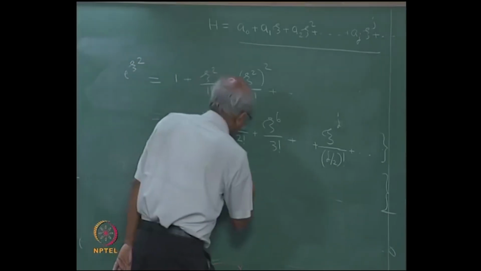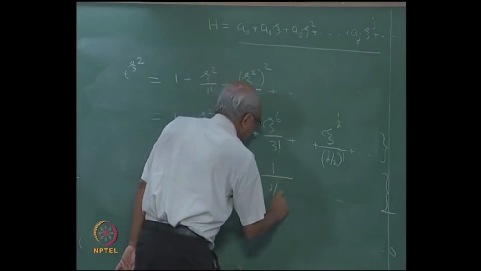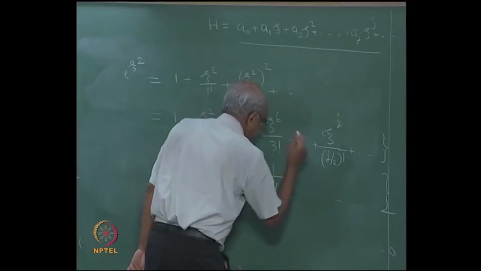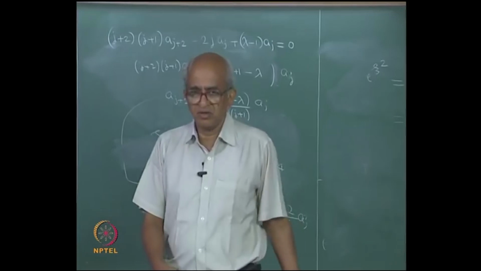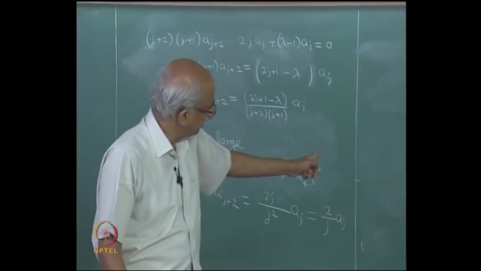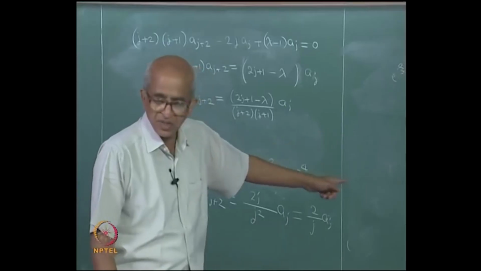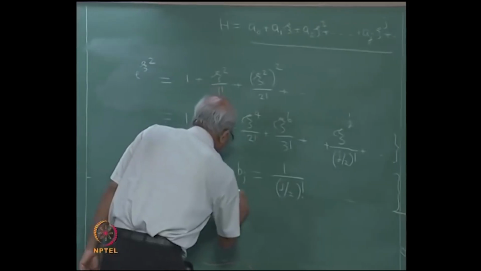So, what is bj? It is going to be 1 by j by 2 factorial, right. The coefficient of c to the power of j for this series is actually bj, and it is equal to 1 by j by 2 factorial. So, what will be bj plus 2?